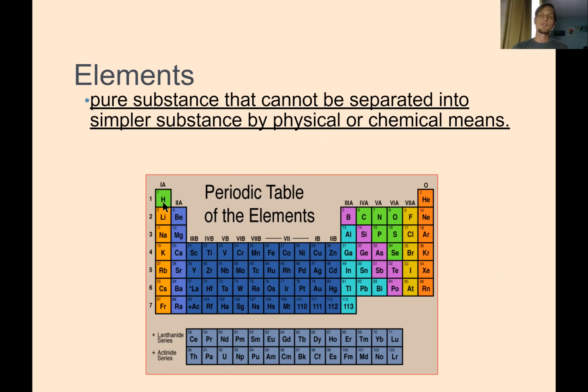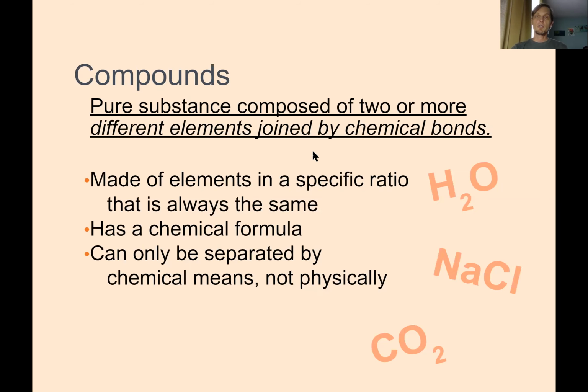If it was only hydrogen, it'd be a gas, and that's an element. If it was only oxygen, it would be an element, gas. But when you put oxygen and hydrogen together, it's still a pure substance, but it's a compound because it makes something new. So a pure substance composed of 2 or more different elements joined by chemical bonds, which we'll learn about, is a compound.